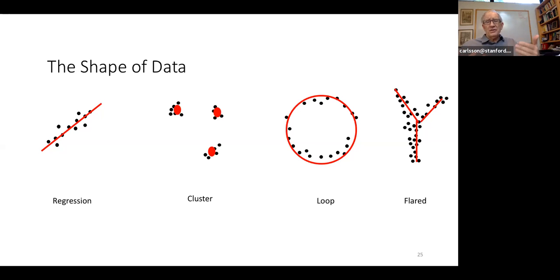I could also detect these things. But at this point, I'm really worried. I don't want to have to enumerate all the possible shapes because there are too many. I don't want to have to build a method de novo for each one. So instead, I want to build a method for data analysis that actually captures all shapes all at once.